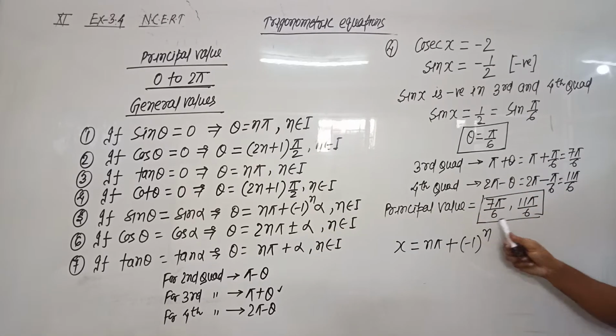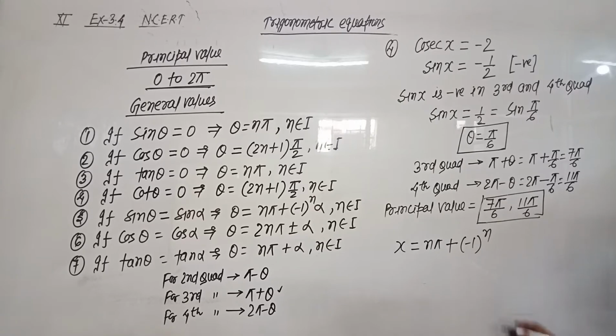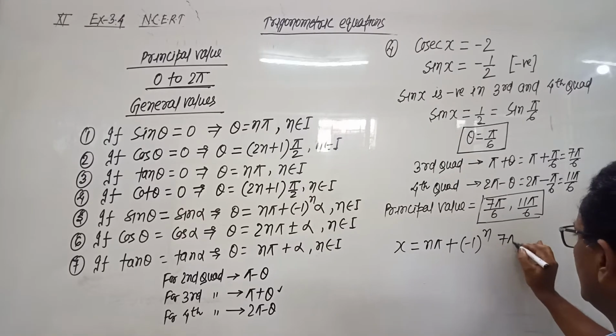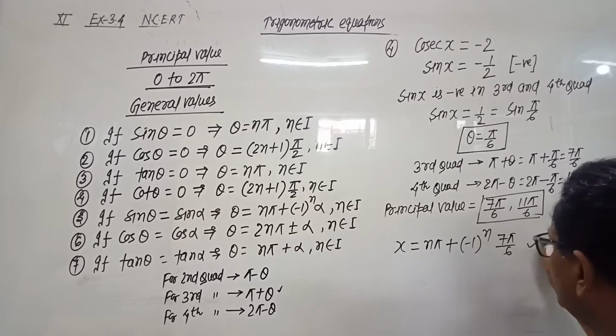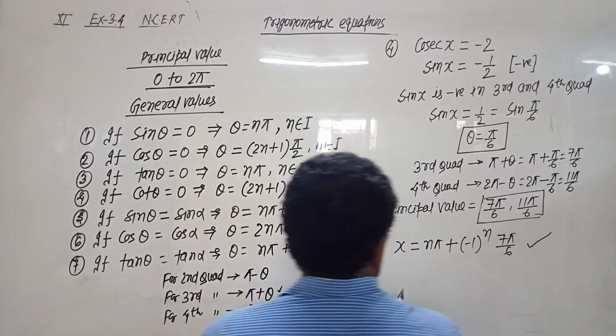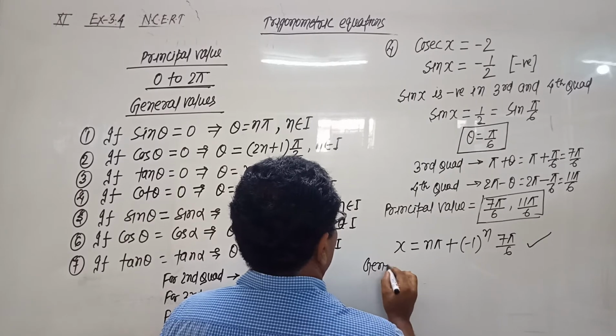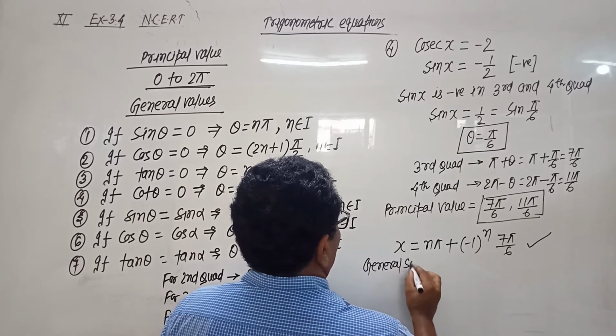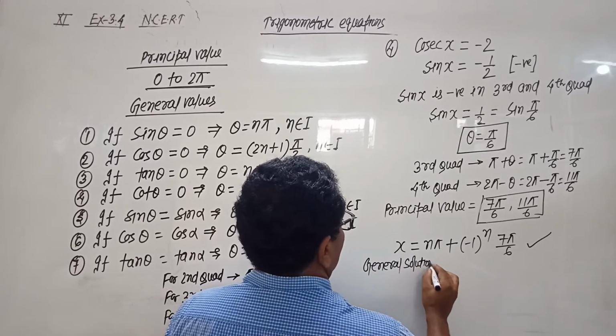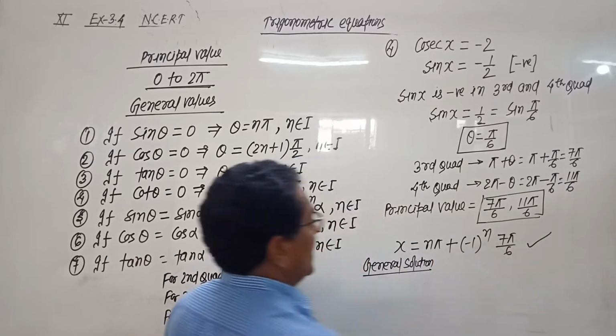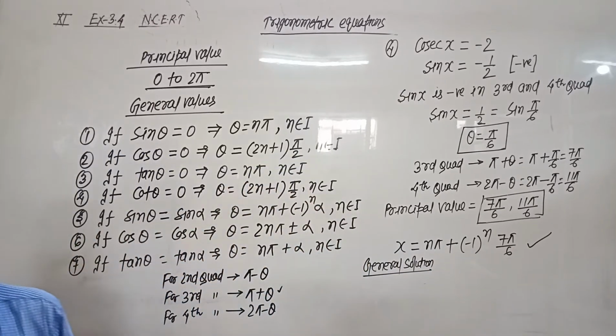Alpha is taken as the first principal value, the nearest value, so this is 7 pi by 6. This is the general solution: x equals n pi plus minus 1 raised to the power n into 7 pi by 6.